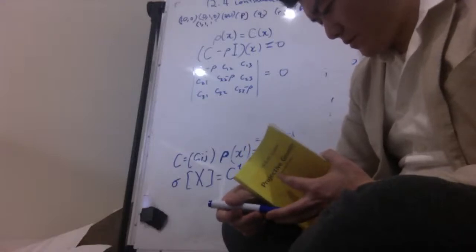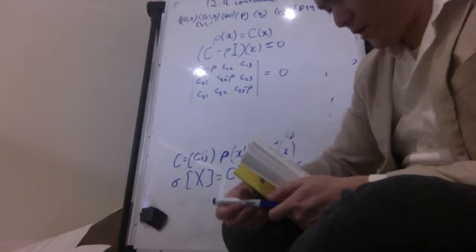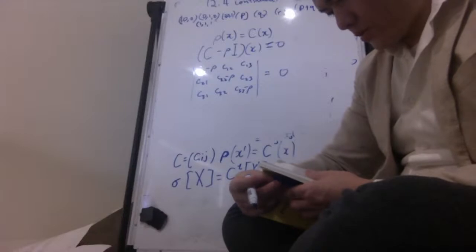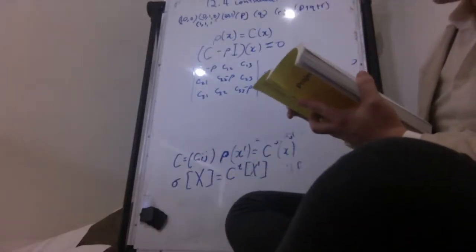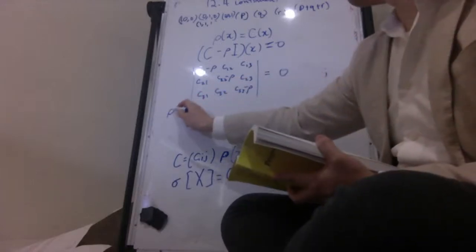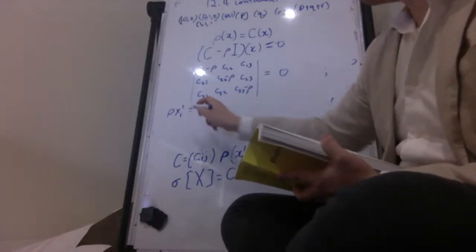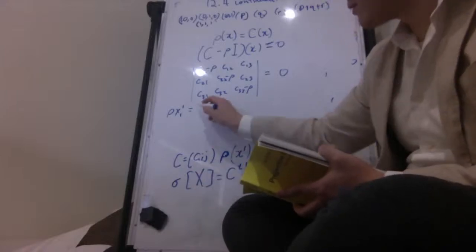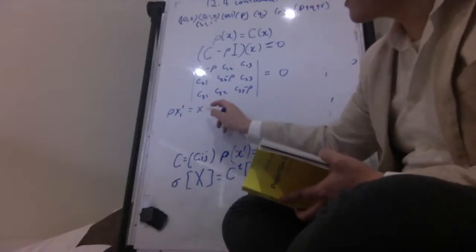So for example, what happens if, so in this example, we have rho x1 prime, so that's just equal to x1, okay?